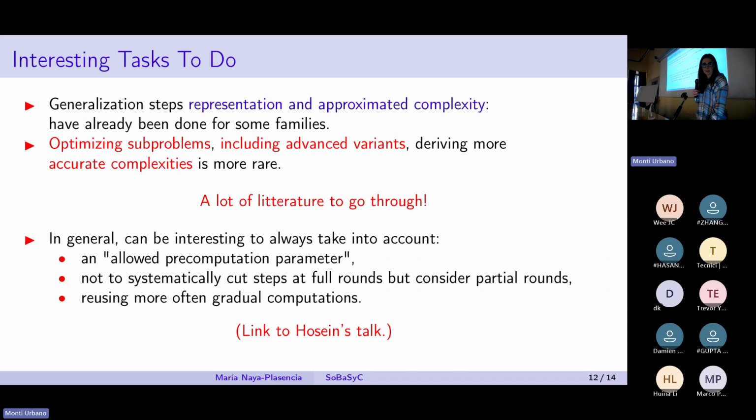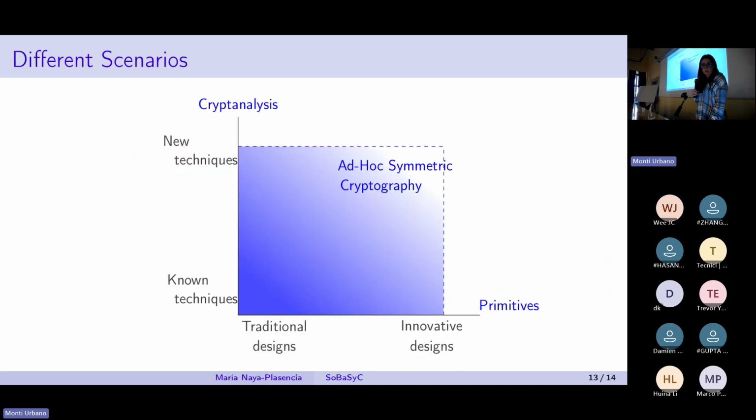Just to illustrate the scenario of symmetric cryptanalysis right now, we can represent it in this graphic where the x-axis shows primitives going from more traditional to more innovative designs, and the y-axis shows cryptanalysis techniques going from well-known to new techniques.